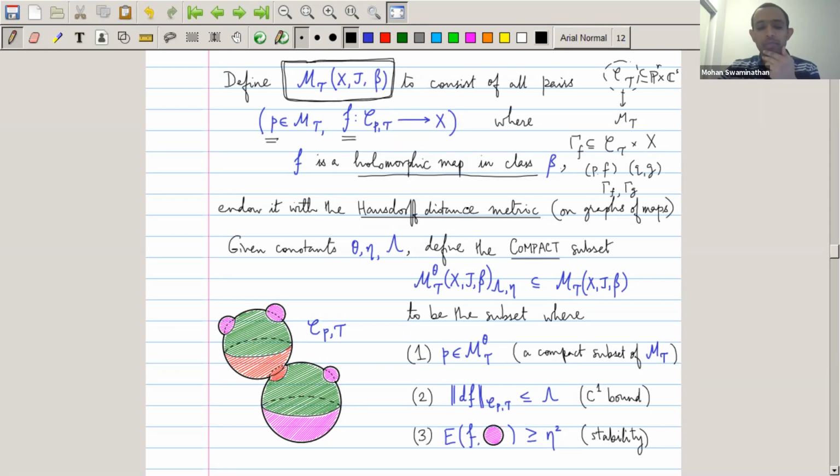So this is what I'm calling the Hausdorff distance. I remind you that two closed sets are said to be within Hausdorff distance less than epsilon if each lies within the epsilon neighborhood of the other. So you're using the background metric g in a fairly essential way to define this. But any metric which is in that same class will define the same topology.